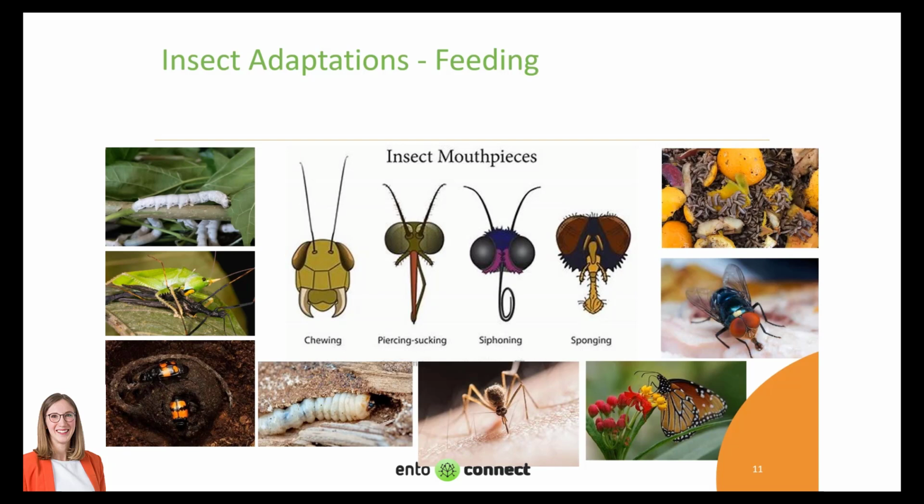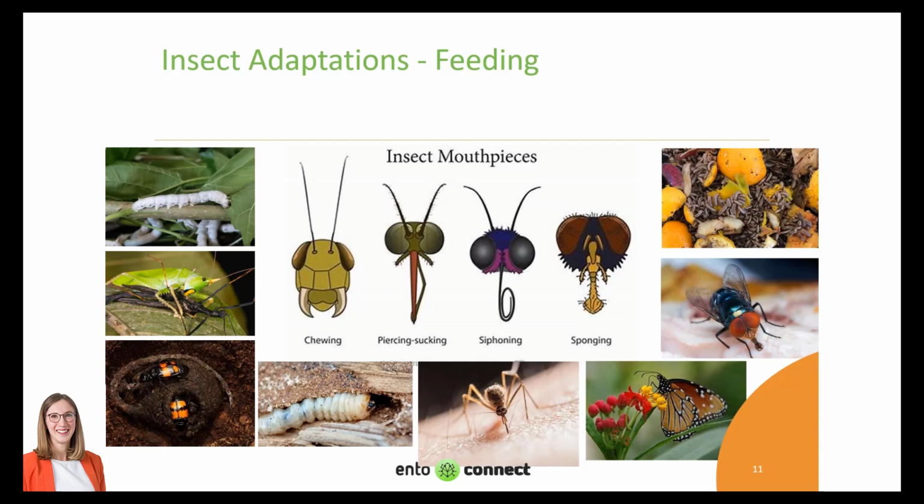However, there are also highly specialized insects, for example, the Bombyx silkworm, which only feeds on mulberry tree leaves. So only one plant part of one specific plant.